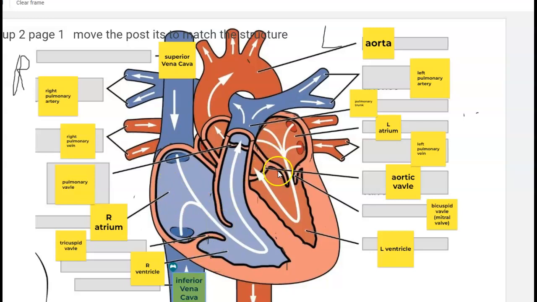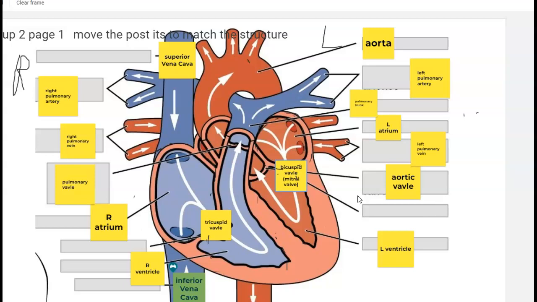Since this one's on the left, it's the left atrioventricular valve. However, you can go old school. Since this one has 3 flaps, it's called the tricuspid valve. Since this one has 2 flaps, it's called the bicuspid valve. Because the bicuspid valve looks like a crown, it's also called the mitral valve.